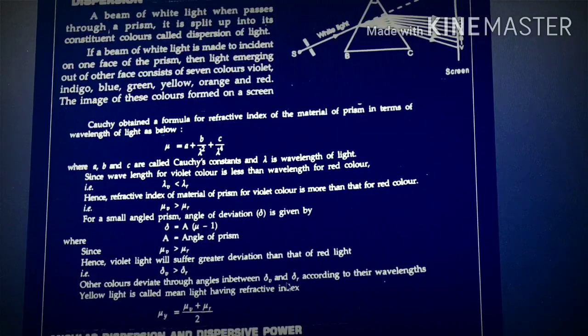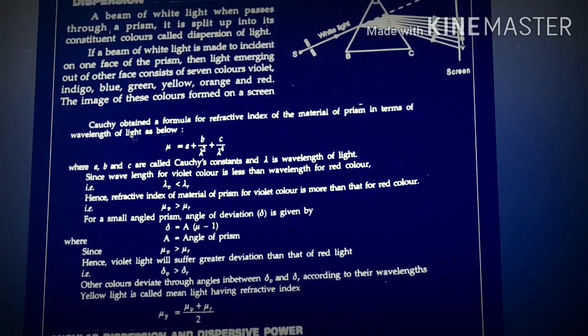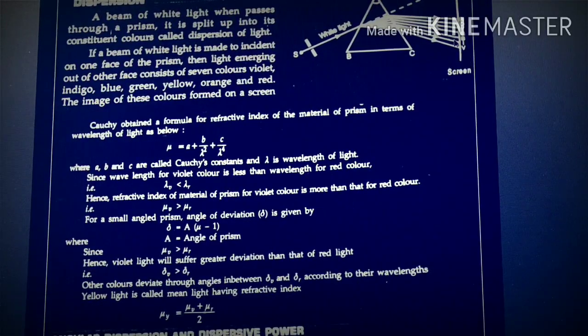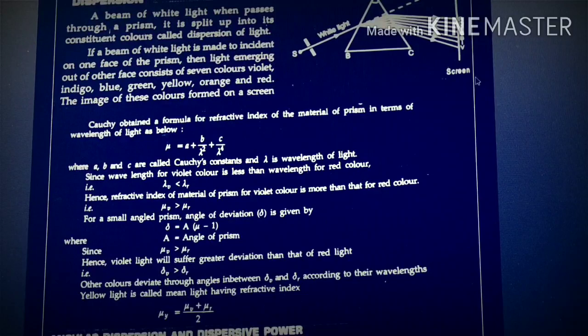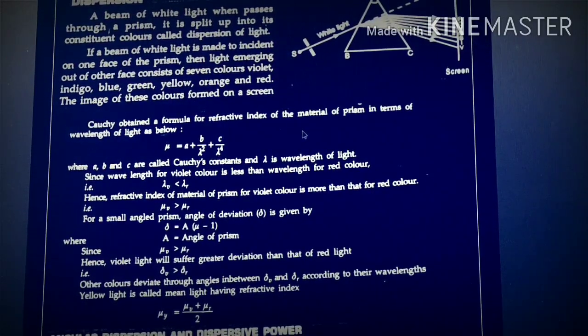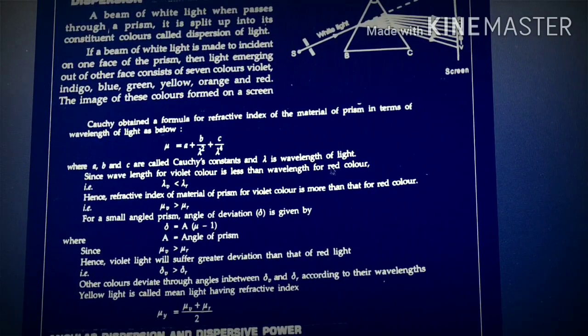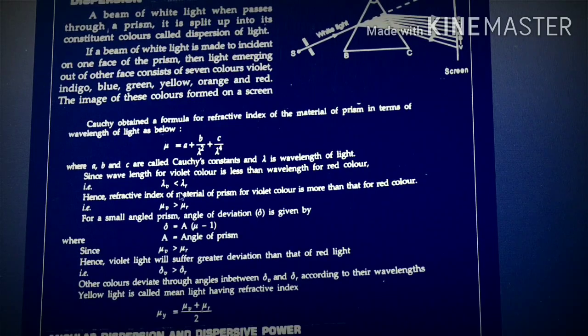But we know that the wavelength of violet color is less than the wavelength of red color. If the symbol of wavelength is lambda, for red color the wavelength is lambda r, and for violet color the wavelength is lambda v. So symbolically, lambda v is less than lambda r.